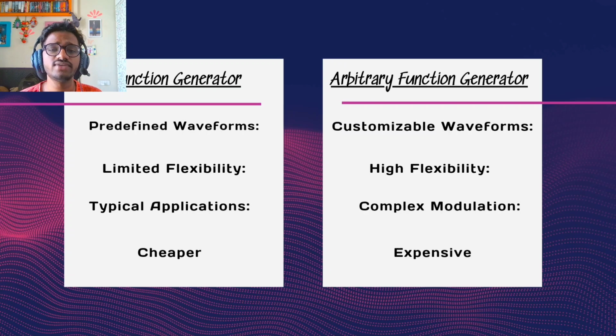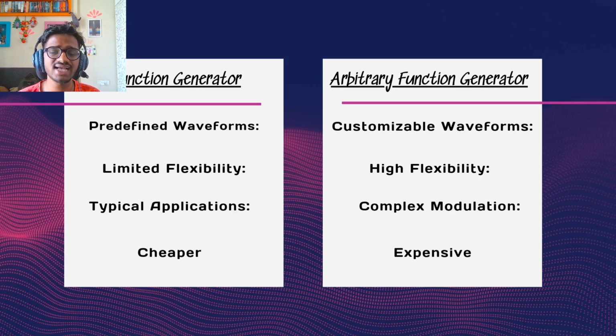Now, on to the differences between the function generator and the arbitrary function generator. The function generator provides predefined waveforms, meaning it generates standard waveforms like sine, square, triangle, and sawtooth. The arbitrary generator, on the other hand, provides customizable waveforms, meaning it can generate user-defined waveforms, allowing for greater waveform flexibility and complexity.